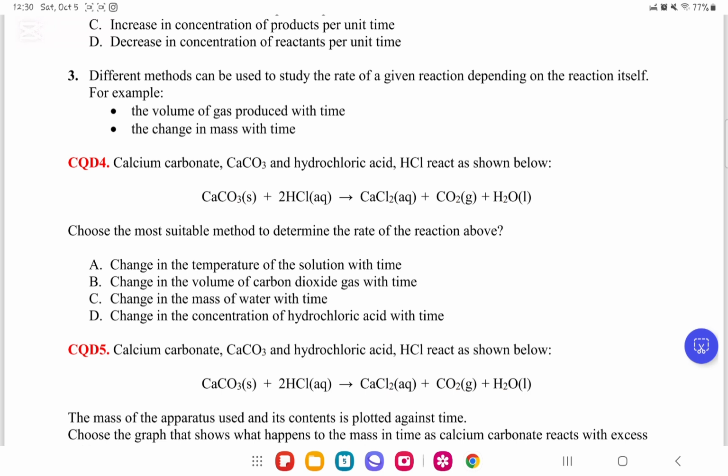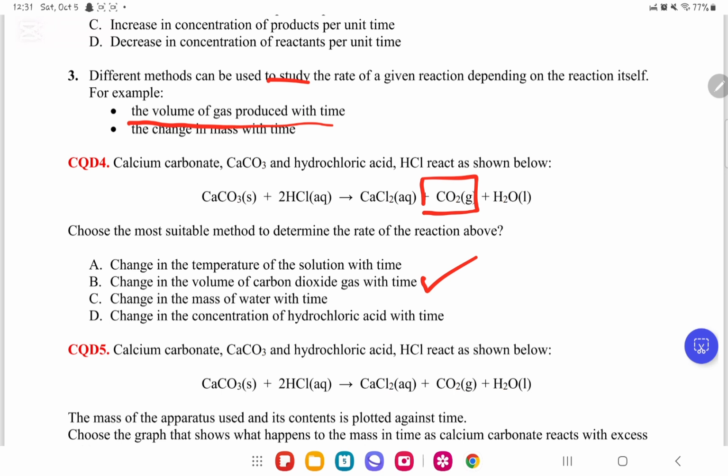To study the rate of a given reaction, we use the volume of a gas produced with time. That means it has to be in the products, it cannot be in the reactants. Is carbon dioxide in the products or in the reactants? It is in the products. So definitely we can use the change in volume of carbon dioxide gas with time.